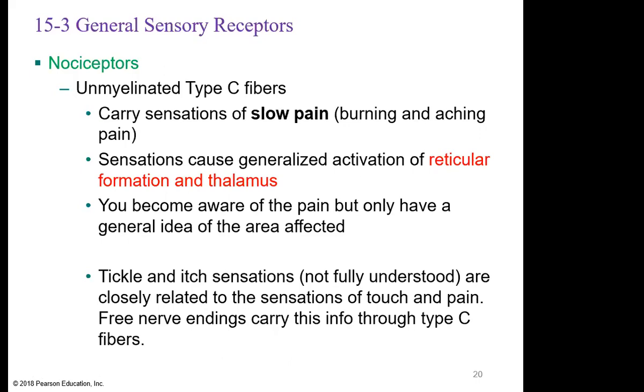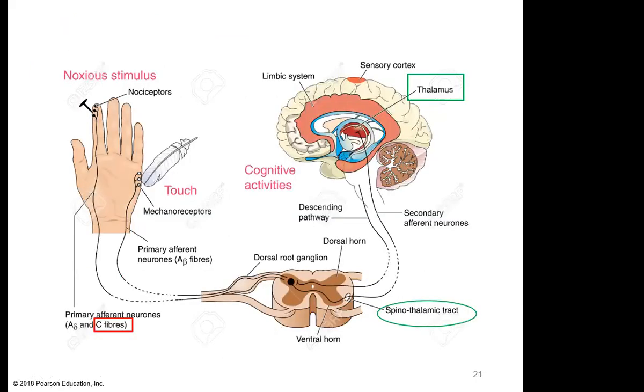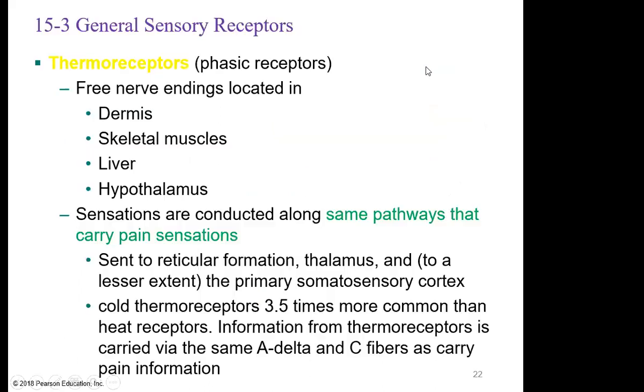So again, everybody is different. All right, so here again, looking at your type C fibers in this particular example and your spinothalamic tract. Obviously, spinothalamic means from the spine up towards the thalamus, and then the thalamus will send the information up to that somatosensory cortex.